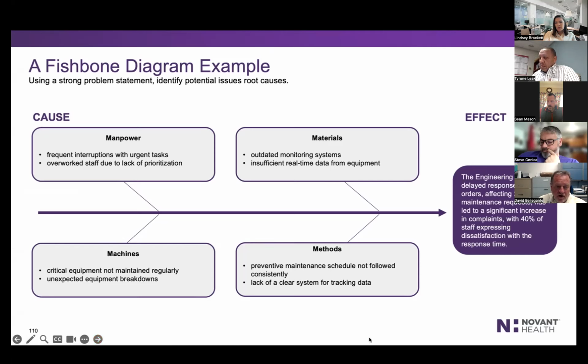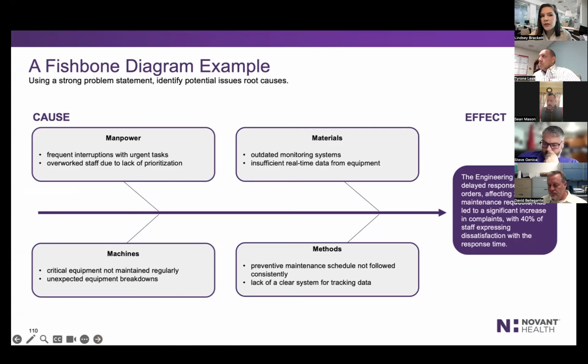Looking at manpower, here they identified frequent interruptions, overworked staff, low staffing. For materials, outdated monitoring systems. For machines, critical equipment not maintained regularly, unexpected equipment breakdowns, preventative maintenance not being followed. So it's easy to capture how this fishbone operates.